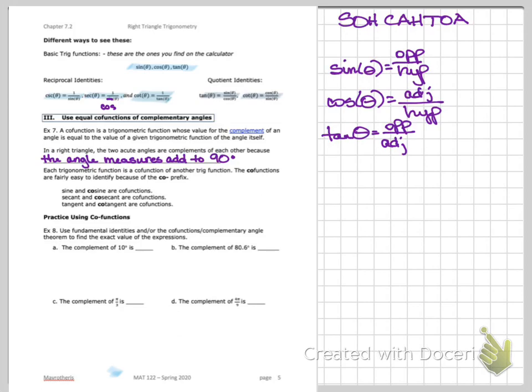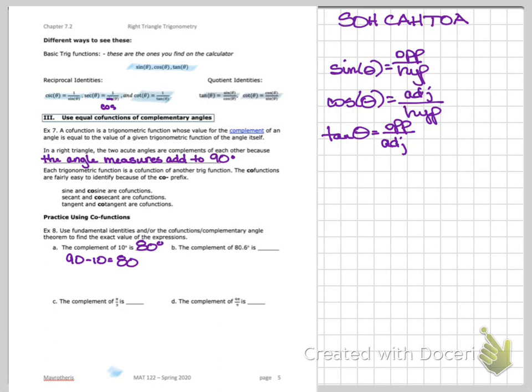Remember that the ratio value of a function is going to be equal to the ratio value of the cofunction of the complement. So a complement, two numbers have to add to 90 degrees. So to find the complement of 10, we're going to subtract that from 90, and we get the complement of 10 degrees is 80 degrees.